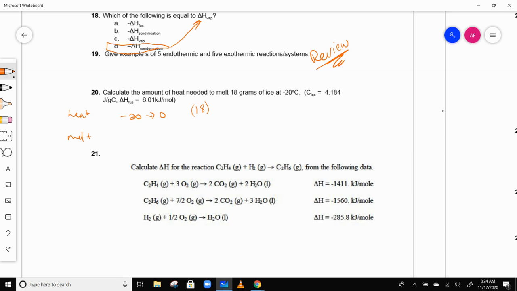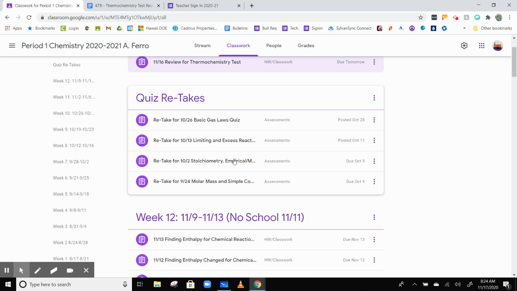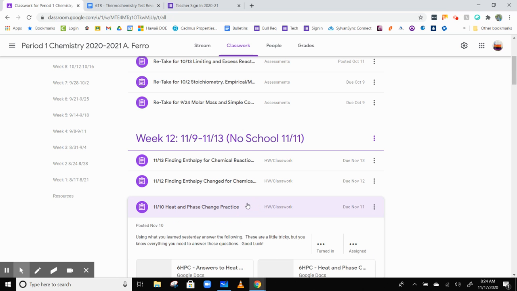The C of ice is, oh, that's not 4.184. I got to change that. That's not true. The C of ice, let's find it real quick. I know it's in, let's see, what assignment is it in? This one.